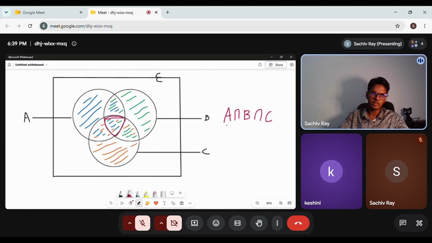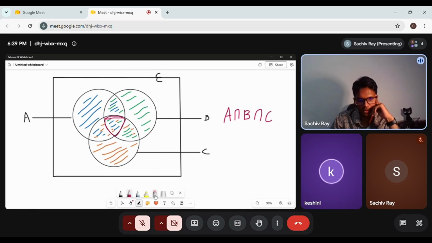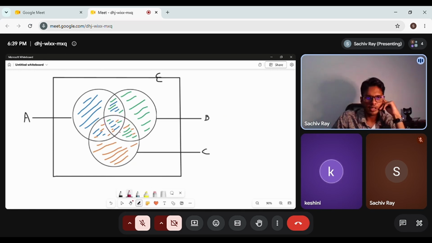So you don't need to write this down, as long as you're clear with it. Yes, sir. Okay, so now the next part. We will leave the colors as they are. What if I asked this part?